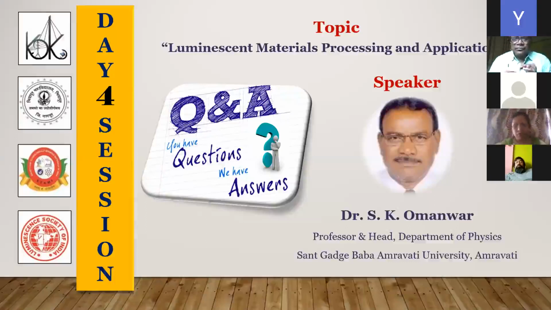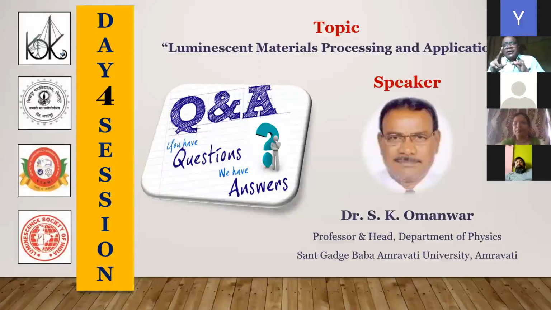What is the excitation time? Is luminescence continuous or is there a lifetime? Time-resolved spectroscopy is to be done for finding out for how much time the electron will remain in the excited state.